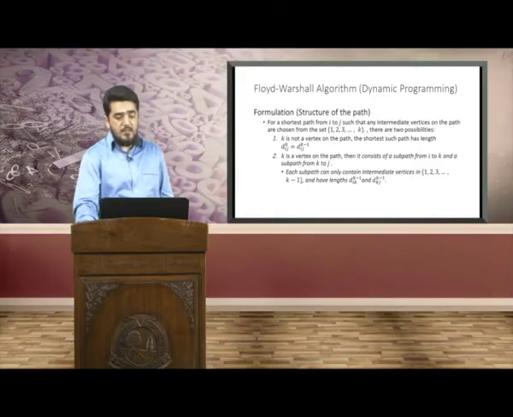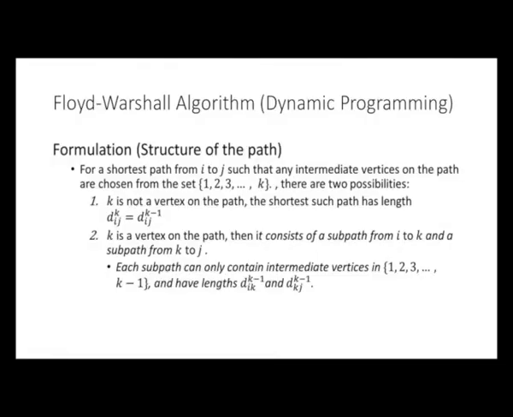In that case, as you can see on the slide, d i j of k is equal to d i j of k minus 1. Now, in case k is a vertex on the path, the other possibility is that k does exist as an intermediate vertex on the path, then this path between i and j will consist of two subpaths, one from i to k and the other from k to j.